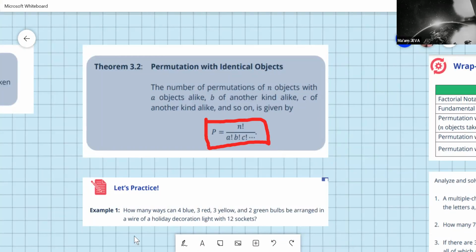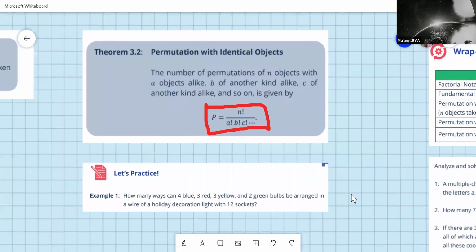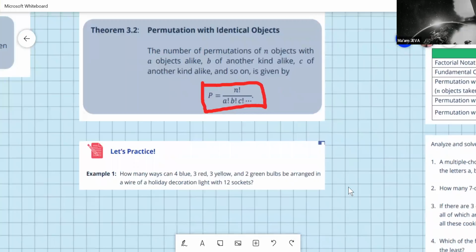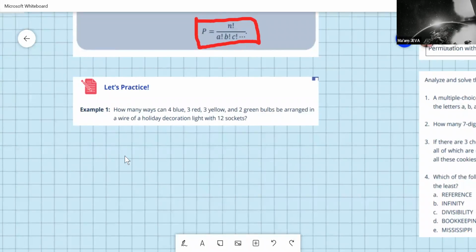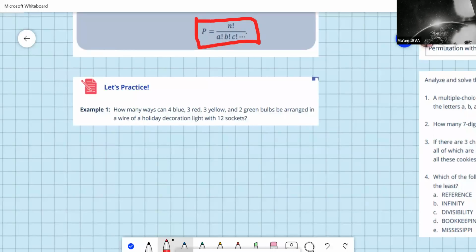This presentation was crafted in your study guide, and I am just expounding the explanation. Let's consider example number 1.